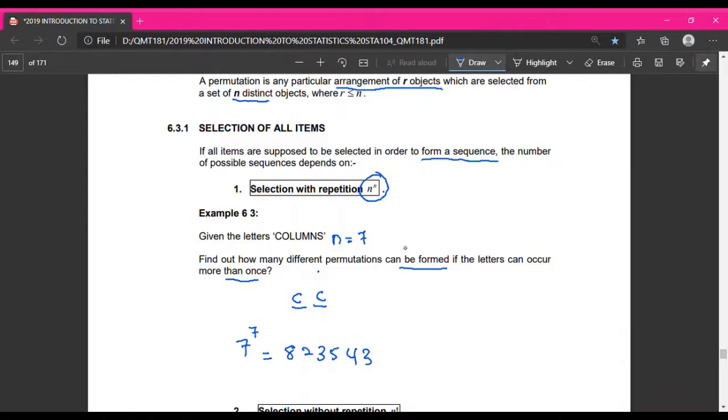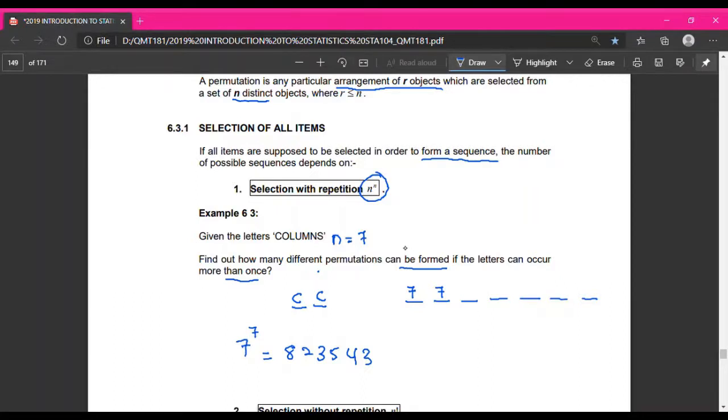But if you don't want to memorize the formula, you can use this method. We have 7 places, 7 letters that we want to arrange. For the first place, how many letters can you use? We can use 7 letters: C, O, L, U, M, N, S. For the second place, how many can we use? The same, 7. Even though we already took C in the first, for the second we can use C again, because it is with repetition, it can occur more than once.